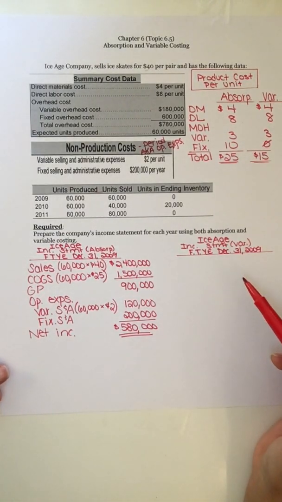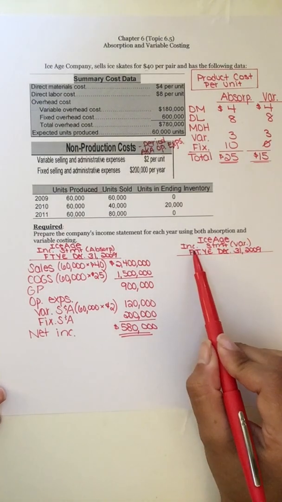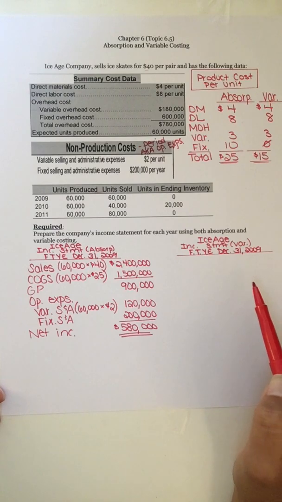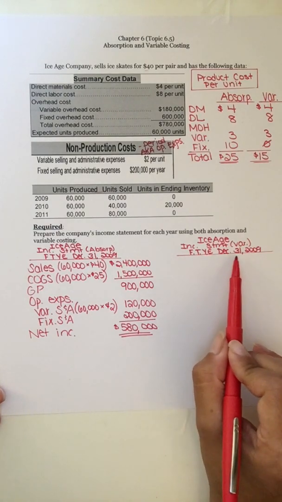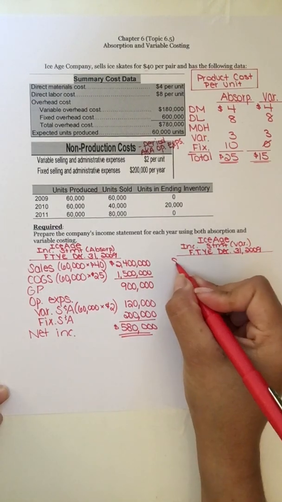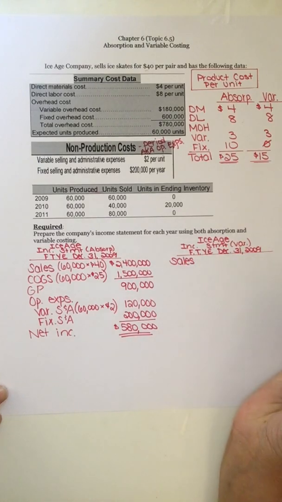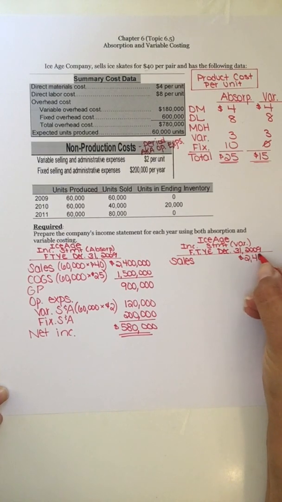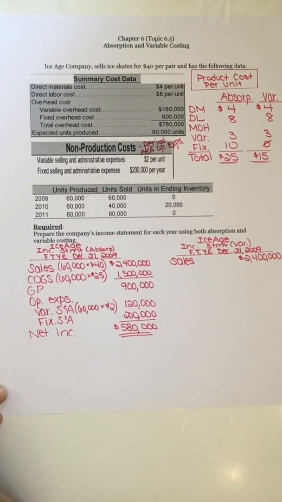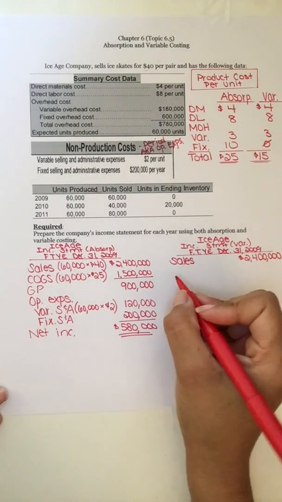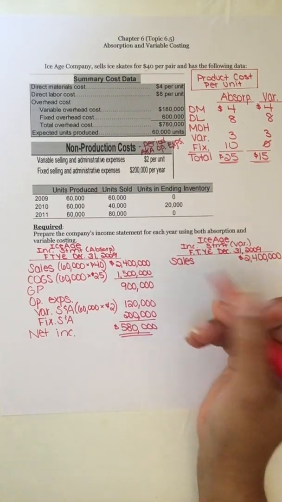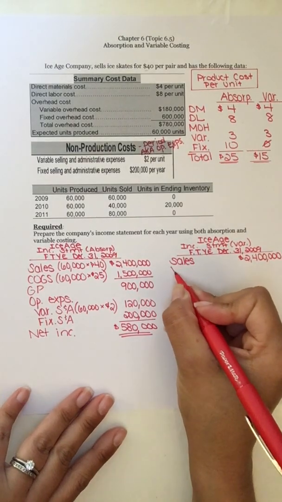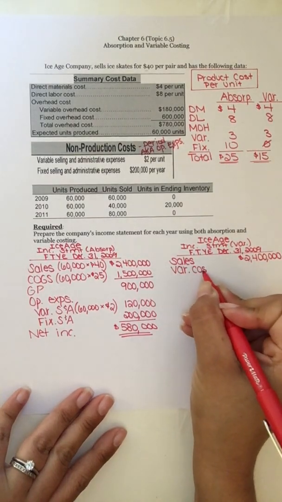Your three-line header again: name of the company, income statement, and in parentheses the method we're using. It's now variable. Then for the year ended December 31st, 2009. Start with sales. Sales is always going to be the same, the $2.4 million. Next, since we're using the contribution margin format, come your variable costs.